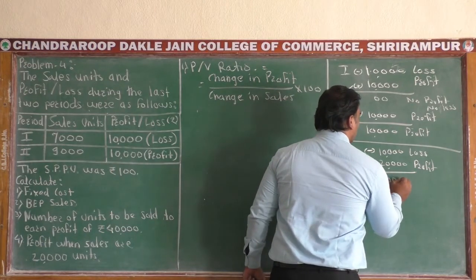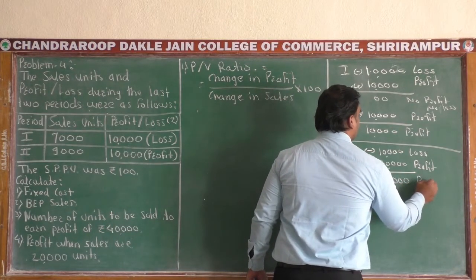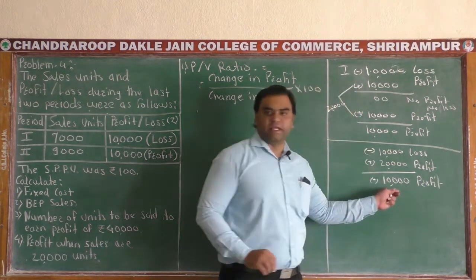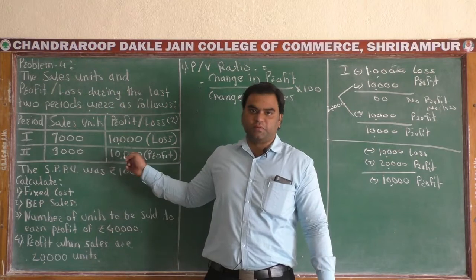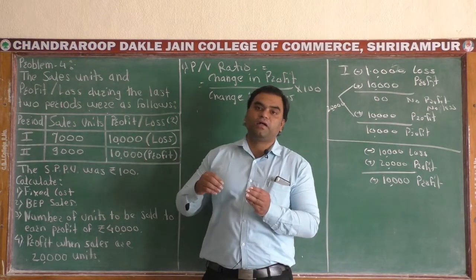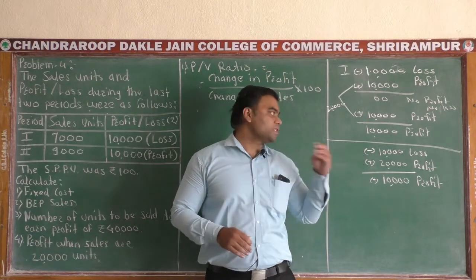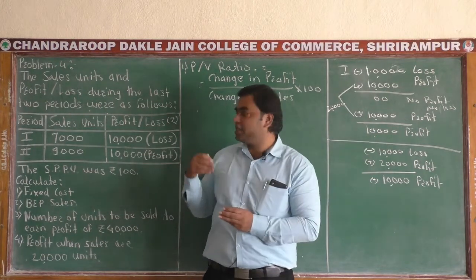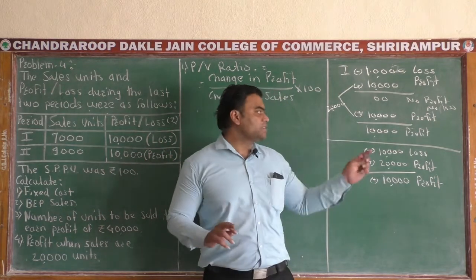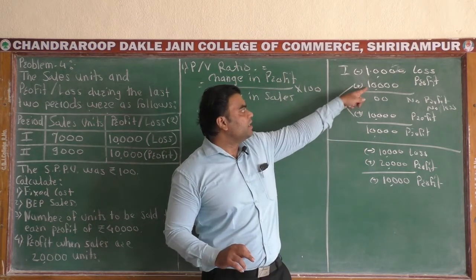So positive figure will remain, that is profit. That thing is showing in this table. Means actually to recover our loss we require 10,000 profit and surplus profit is 10,000. Means 10,000 which is utilized to recover loss rupees 10,000 and surplus profit rupees 10,000.